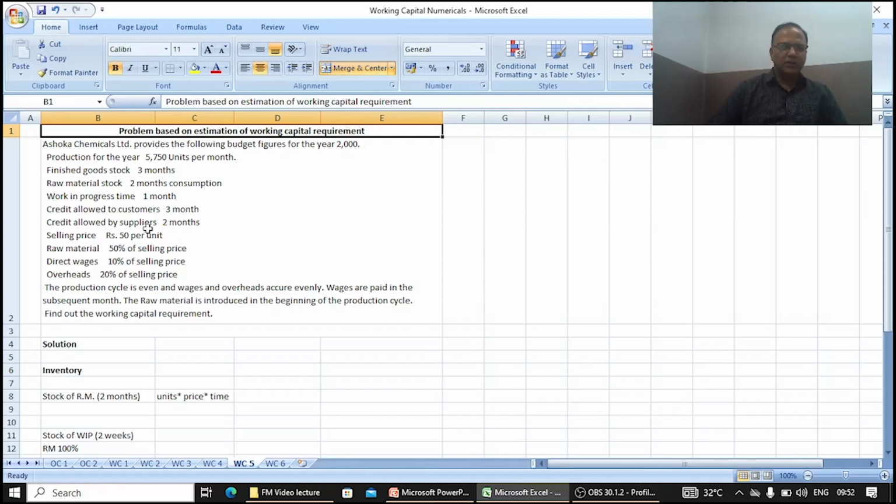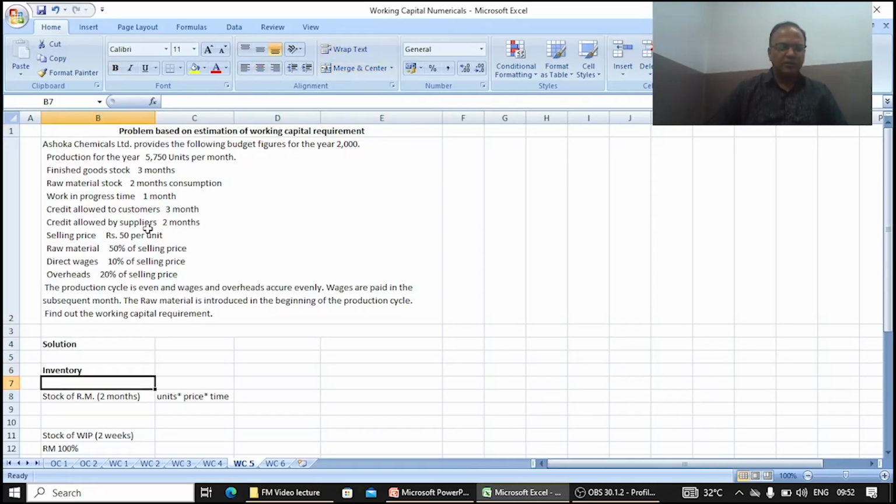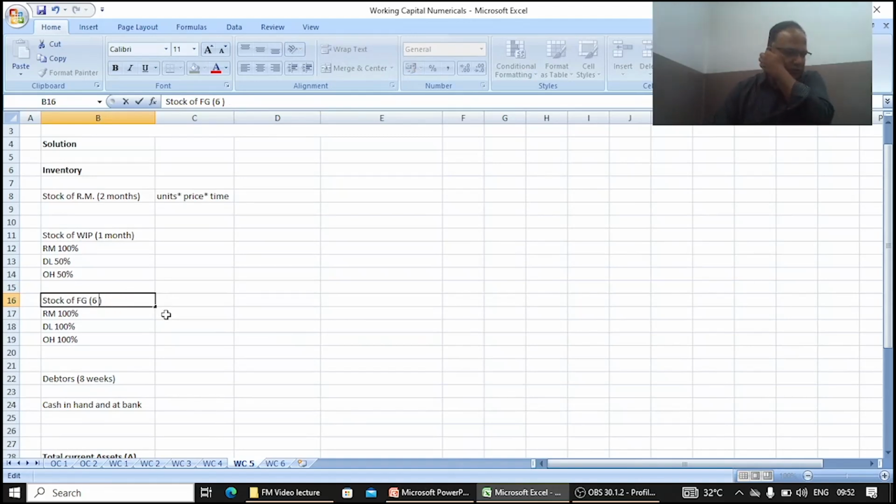Raw material 2 months, WIP 1 month, finished goods 3 months.